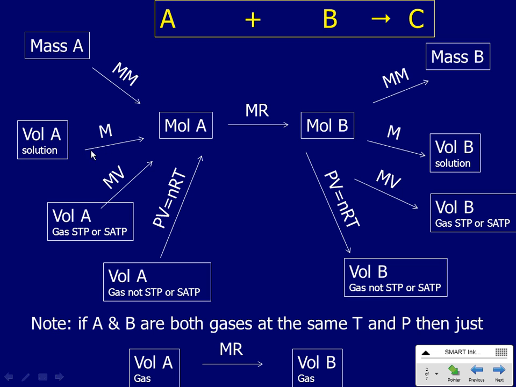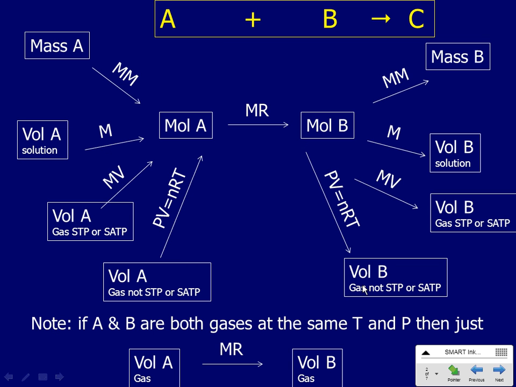Let's say I started with a volume of hydrochloric acid, and I want to figure out the volume of the gas that's not at SATP. I'd use molarity, right? The volume of the solution, to figure out the moles of B. Then I would take the moles and substitute it into n, and I'd figure out V using PV equals nRT.